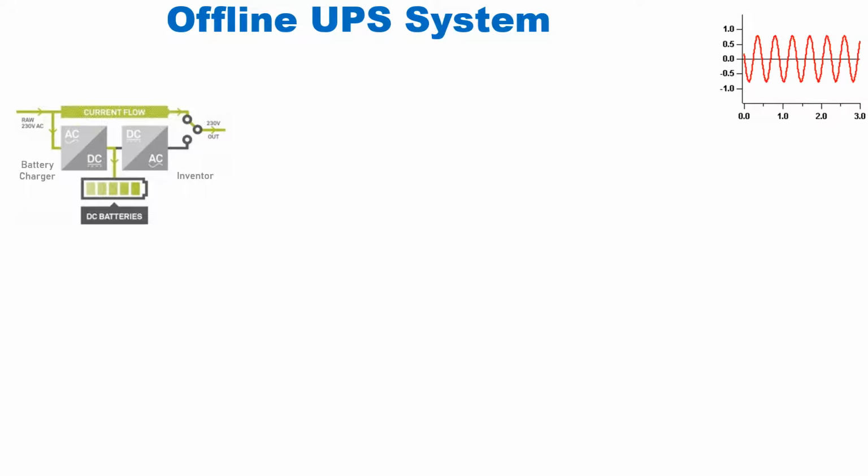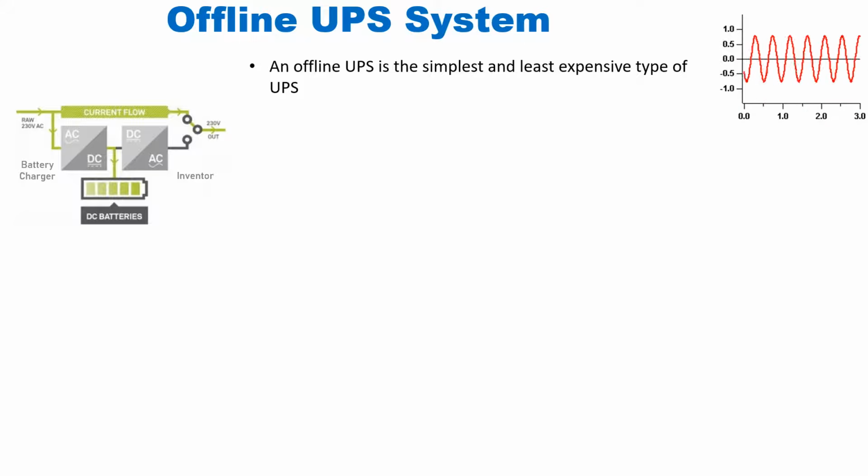Now, the offline UPS is the simplest and the least expensive because the number of components is minimum. It's very simple. It just looks at the input. If it goes below a certain amount, it switches on, and that's it. So the offline UPS is the cheapest type and the simplest.